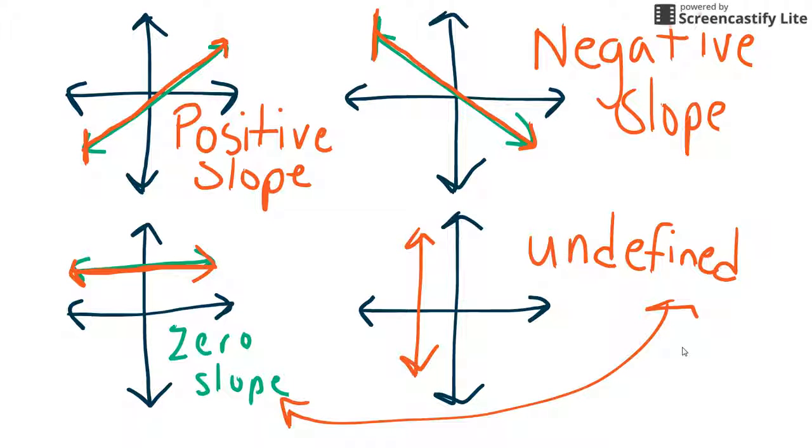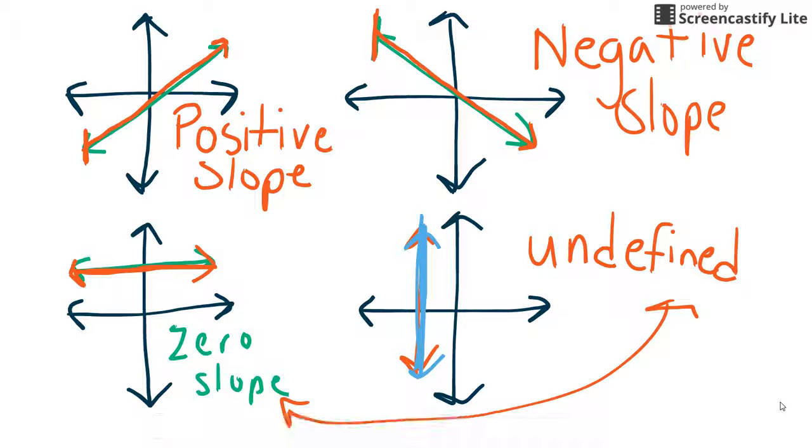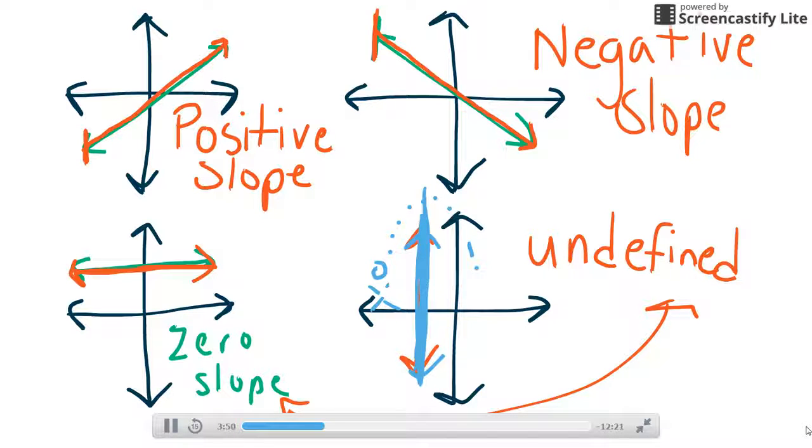Sometimes it's easy to mix up these two. Zero slope, I just think of it as if you're walking down the street. It shouldn't be too difficult to walk down the street, and there's no slope to it, so zero slope. Undefined over here, think of this like a wall. If this is a wall, and this is you over here, could you jump over that wall?